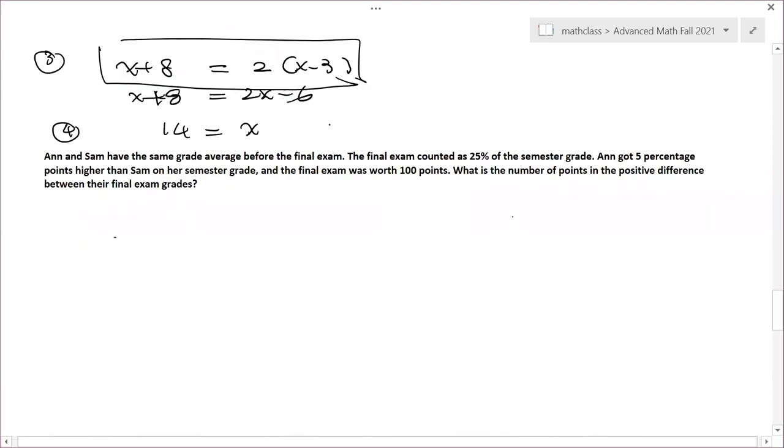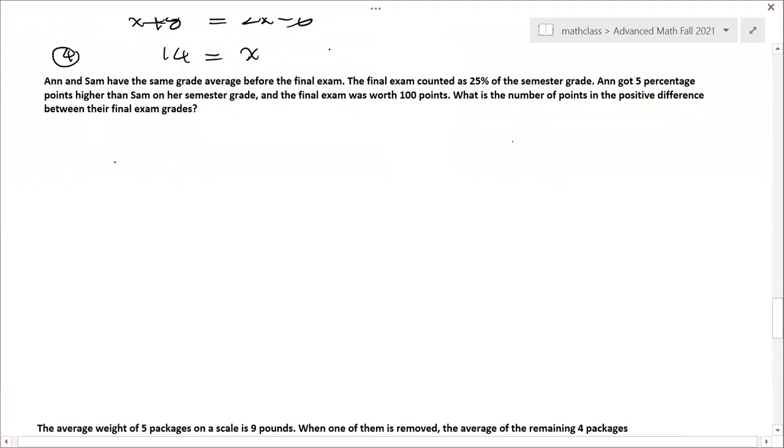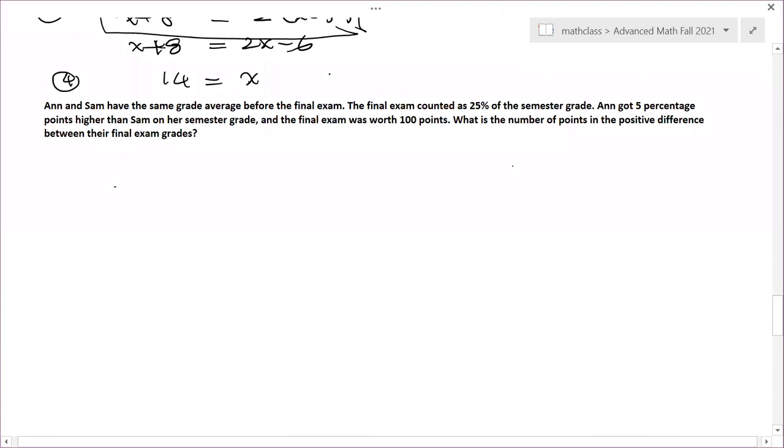All right, so now I wish you can work out this. This is a little bit challenging. Right. So N and Sam have the same grade average before the final exam.